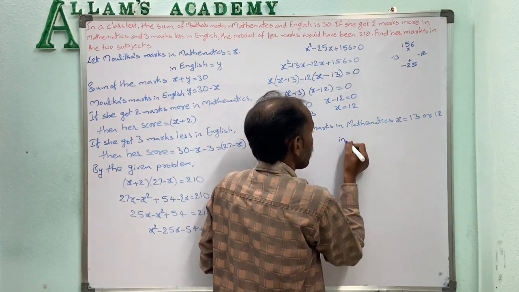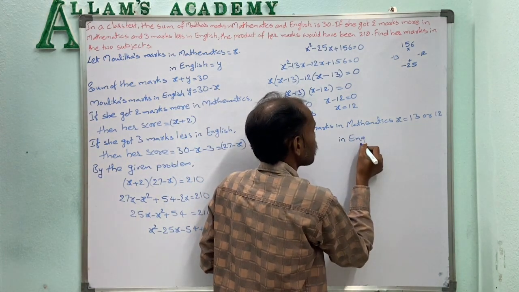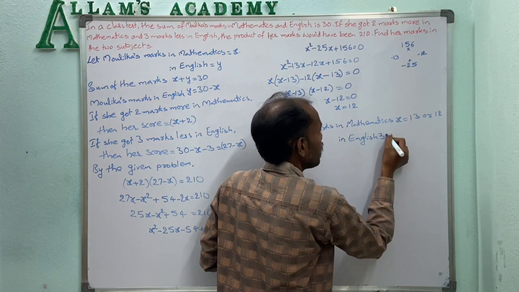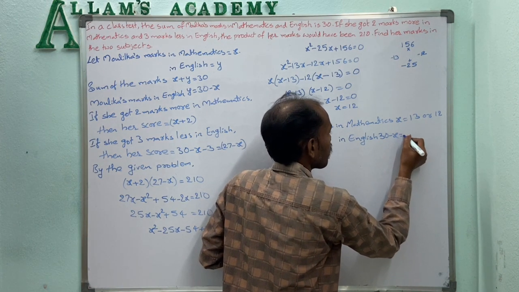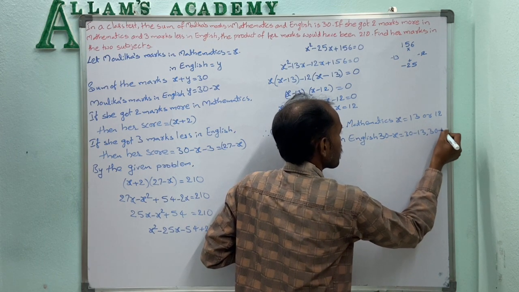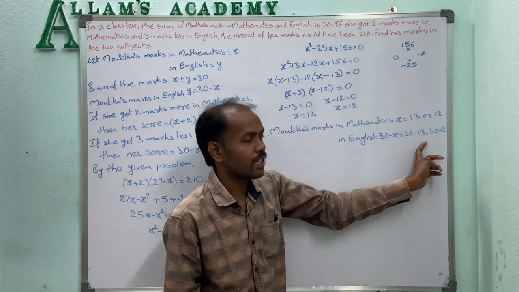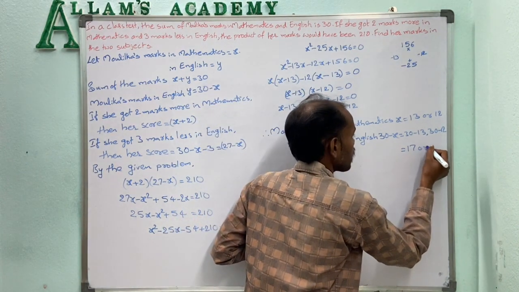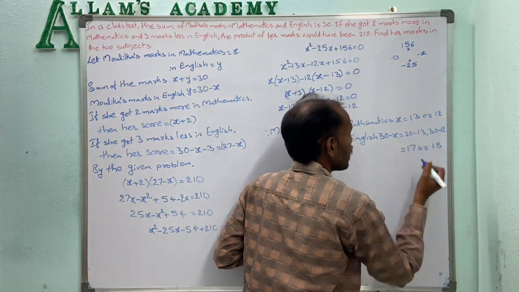So Moulika's marks in English are 30 minus x, that equals 30 minus 13, otherwise 30 minus 12. 30 minus 13 is 17. 30 minus 12 is 18.